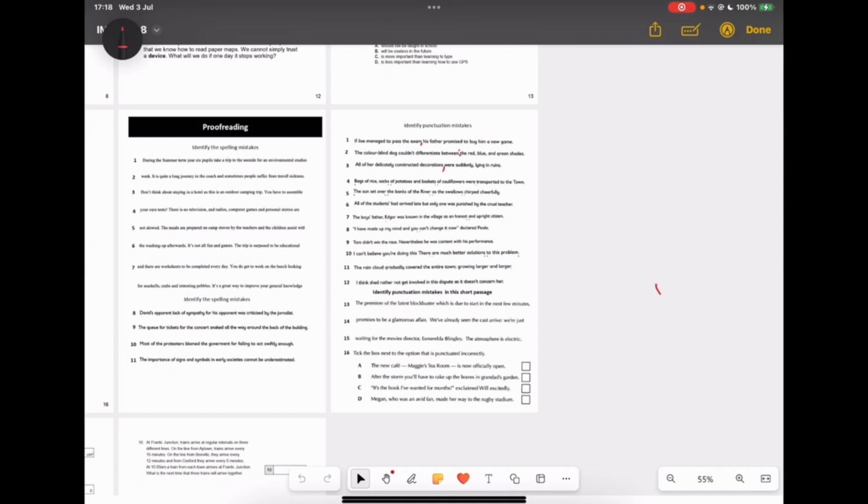4. Bags of rice, sacks of potatoes, and baskets of cauliflowers were transported to the town. Okay, well, this one is going to be... Well, town should have a lowercase t, but this is punctuation.